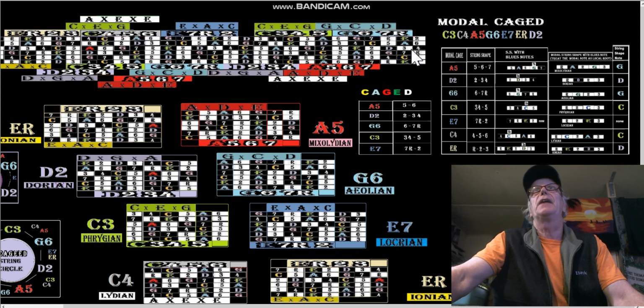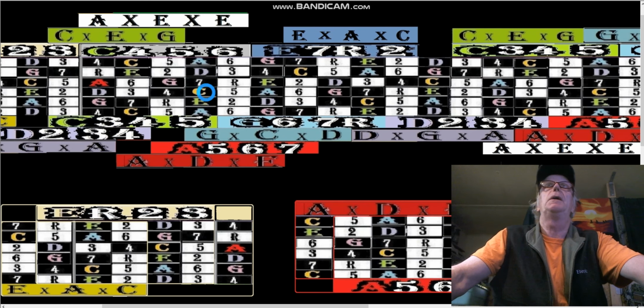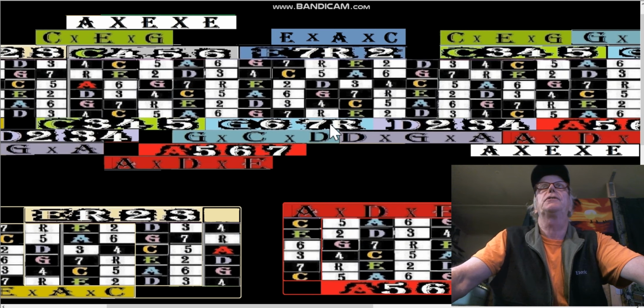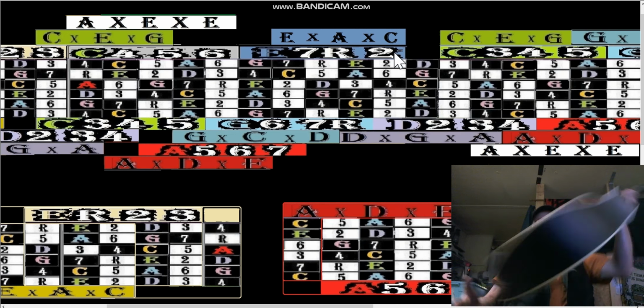Okay, it's like that. That's going to involve a couple of notes, and by the way, there are CAGED advances that involve a couple of notes, such as the G box, 6, 7 root, going to the E box, 7 root 2. These are both CAGED boxes.